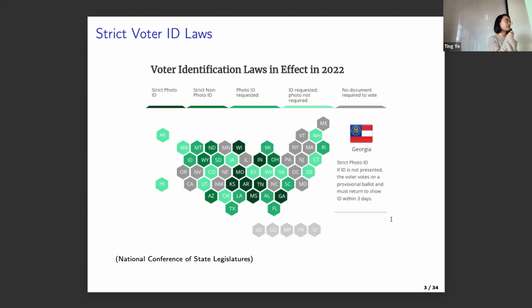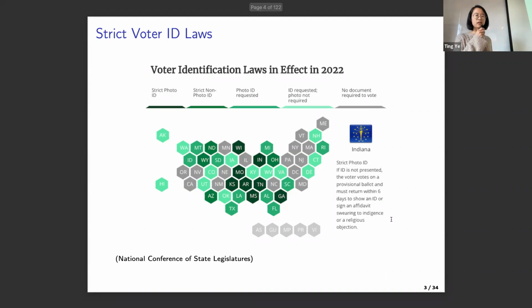Between 2004 and 2008, Georgia and Indiana first passed strict voter ID laws. For example, Georgia requires a valid photo ID in order to vote. If a voter cannot present a valid ID, they are allowed to cast a provisional ballot, and for that ballot to be counted, they need to return within 3 days to present ID. For Indiana, the details are slightly different, but they are all categorized as strict voter ID laws.